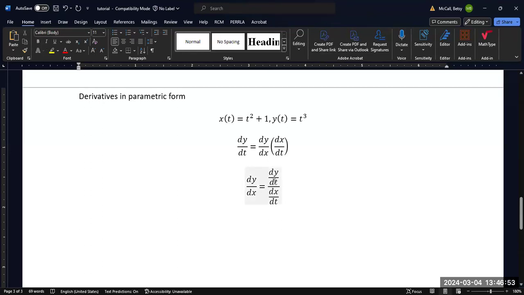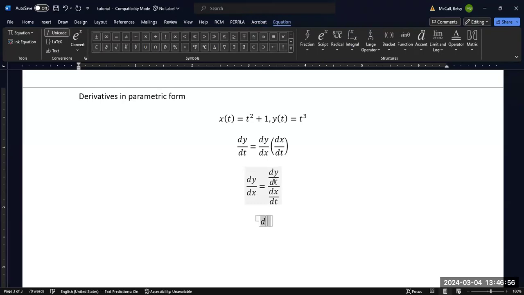So we're going to first find y prime, i.e. dy/dt, and we're just going to take the derivative of y with respect to t. The function y with respect to t is t cubed, so the derivative of that is 3t squared. And x prime, or dx/dt, again, this is our x function with respect to t.